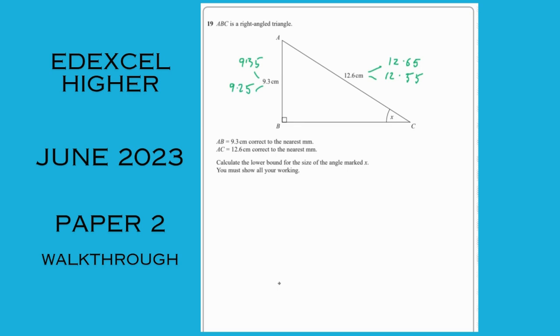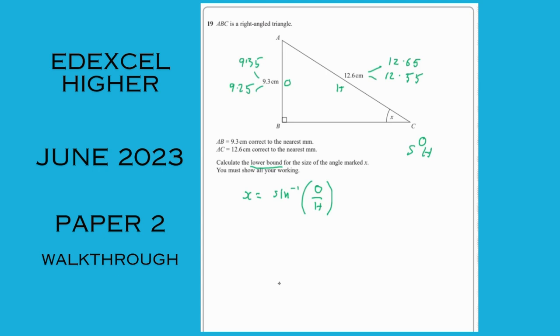So from the angle X, we've got the opposite and the hypotenuse. That is our sine, part of SOHCAHTOA. So the angle for X is going to be the shift or inverse sine of opposite over hypotenuse. Now, in order to get the lower bound, we're going to need the smallest possible value.